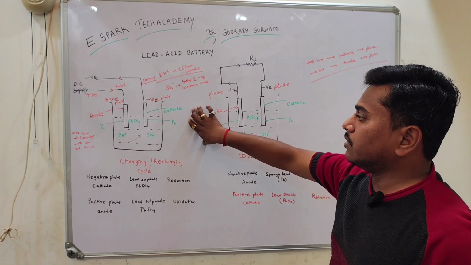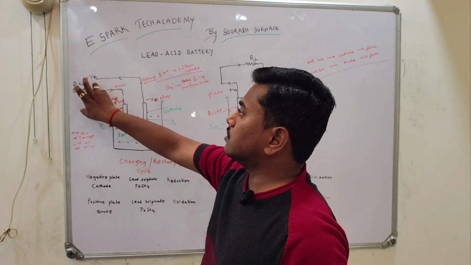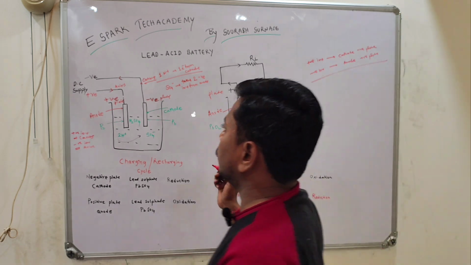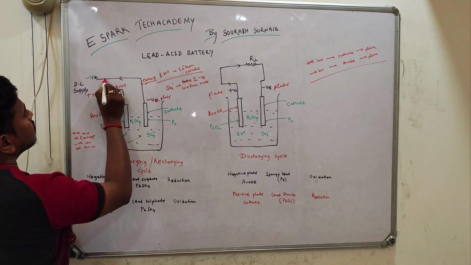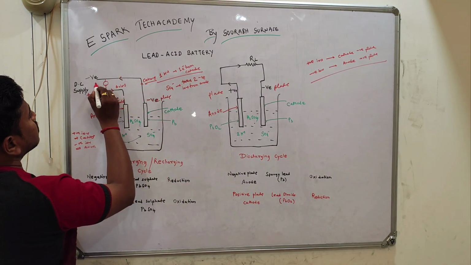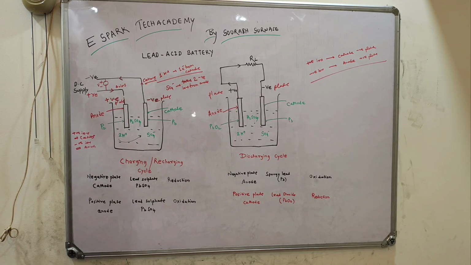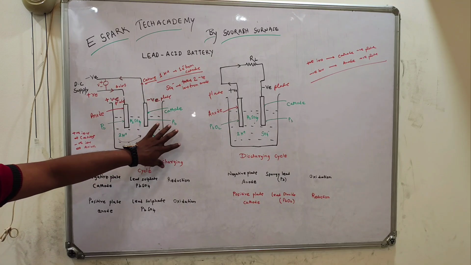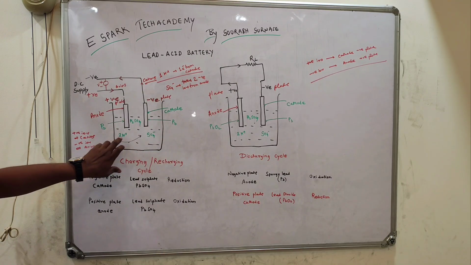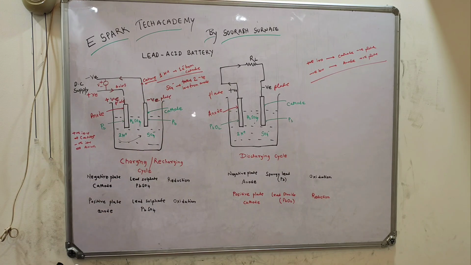When you disconnect this DC supply and connect a voltmeter here after the charging, you will find a voltage developed, because we have just stored electrical energy in the form of chemical energy.